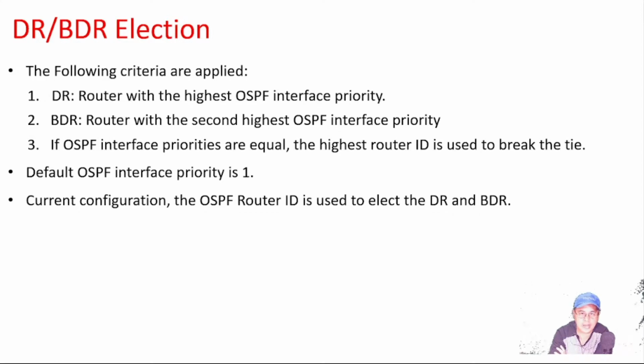It is used to break the tie, the router ID. So in the case of the three routers, as I have shown you a while ago, R3 has the highest router ID. That is why it was elected as the DR. And the second highest router ID is R2, so it was assigned as BDR.